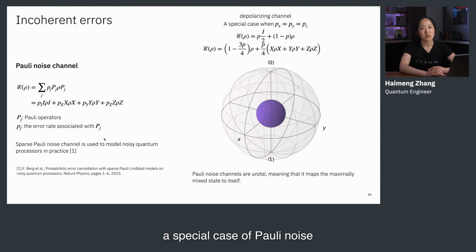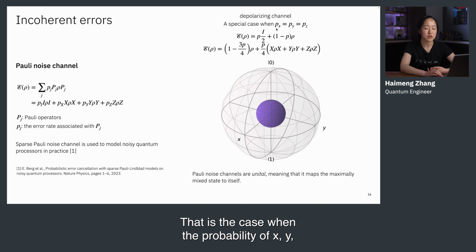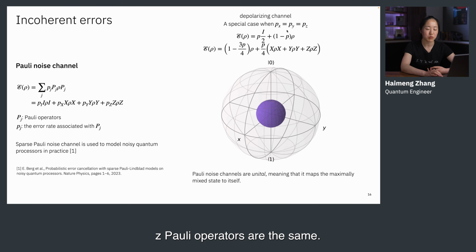A special case of the Pauli noise model is what we call the depolarizing channel. That is the case when the probabilities of the X, Y, Z Pauli operators are the same. So this channel can also be written in the following form over here.